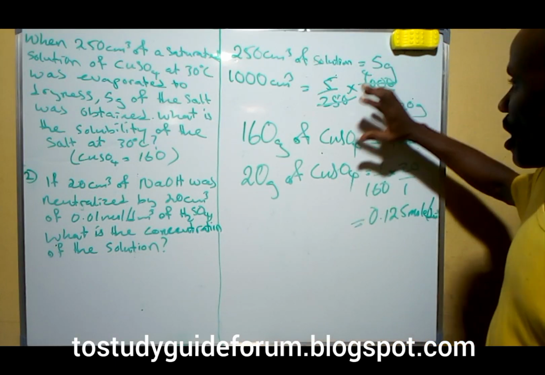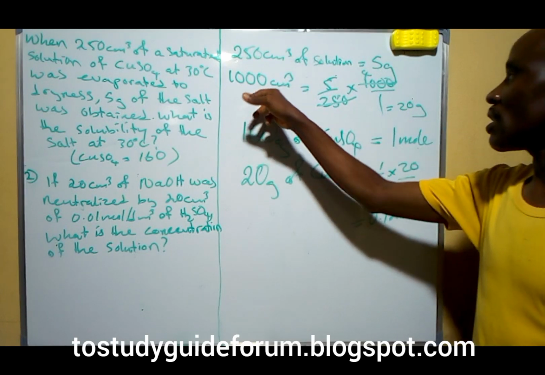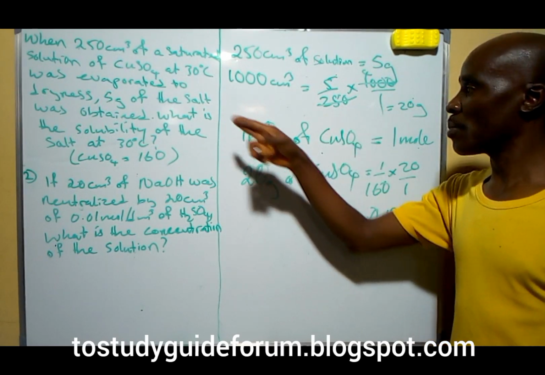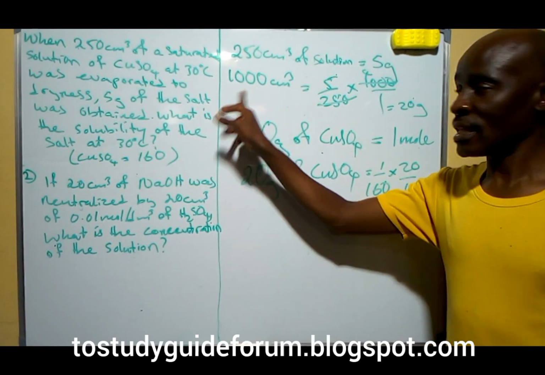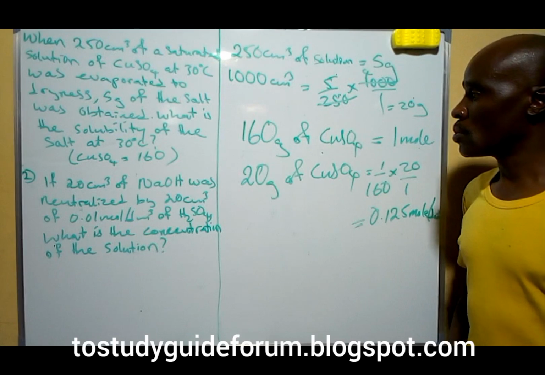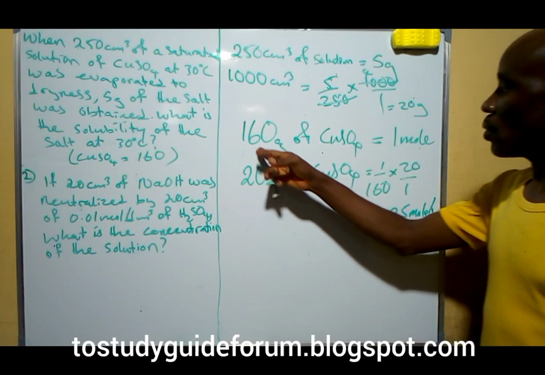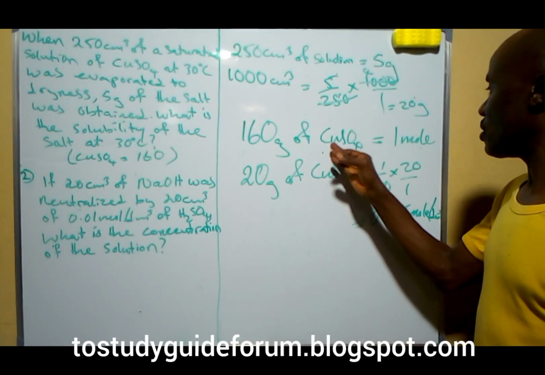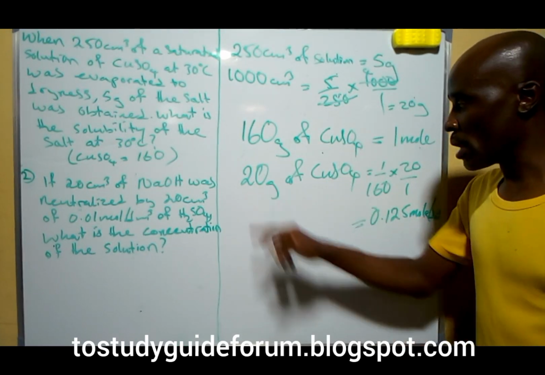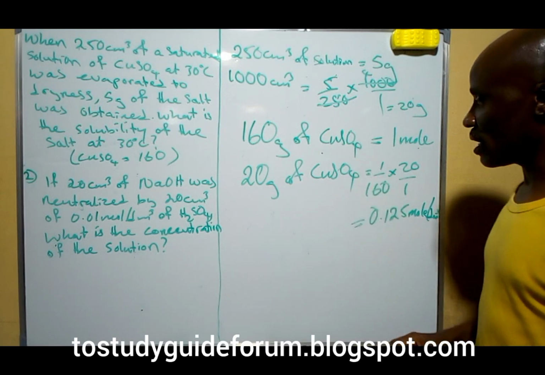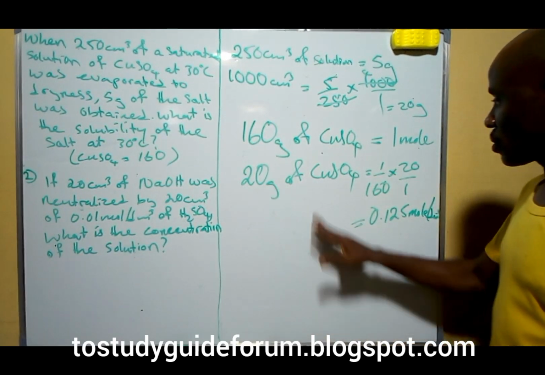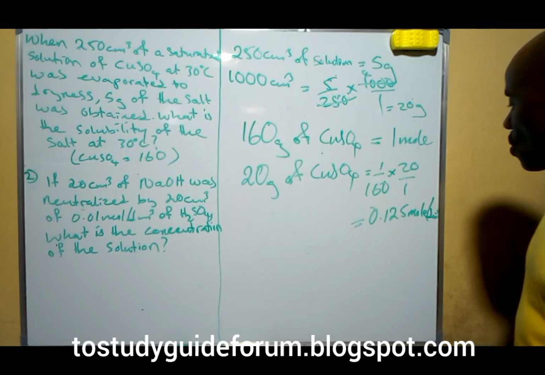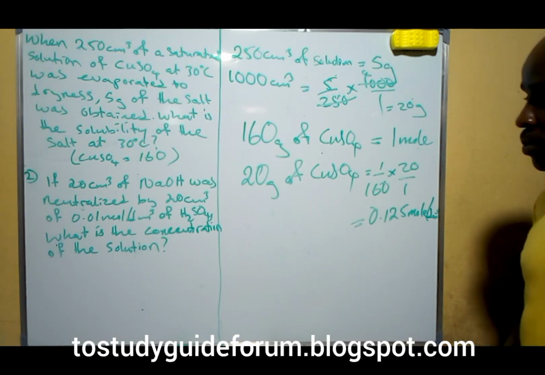So what we have here simply means that in every 1000 cm³, 20 grams of this copper sulfate would saturate at this particular temperature. Since 160 grams is equal to 1 mole, 20 grams of copper sulfate will be equal to 0.125 mole per dm³.